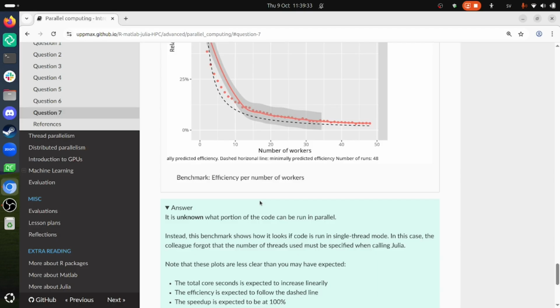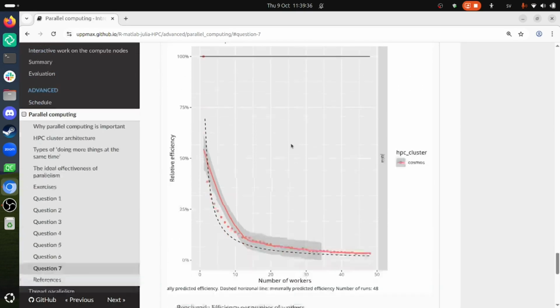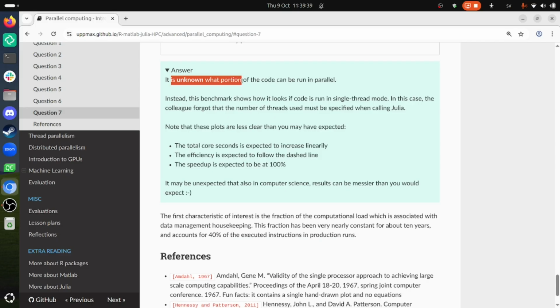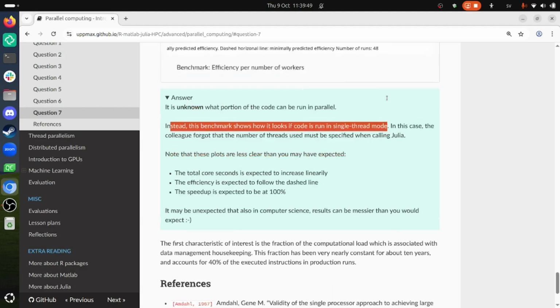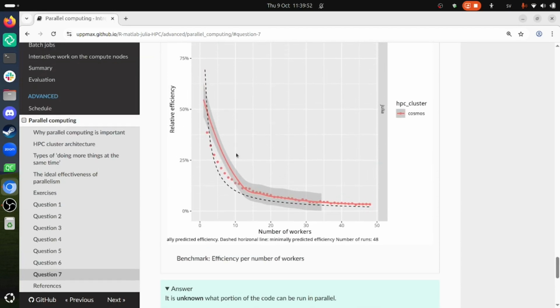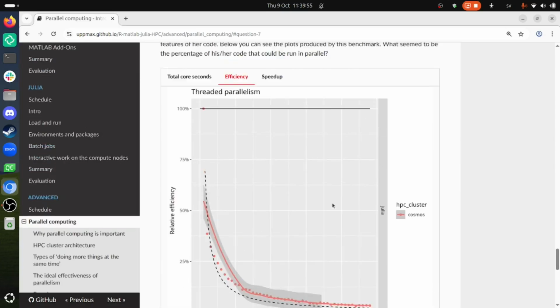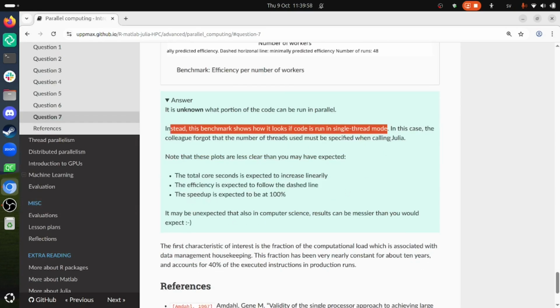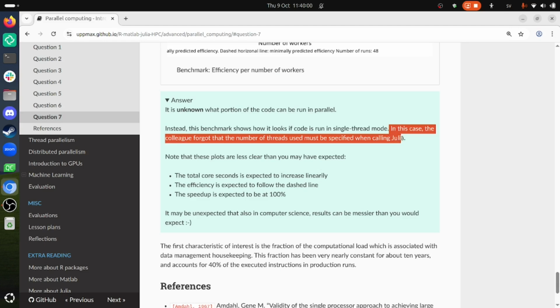For this code, it is unknown what portion of the code can be run in parallel. Instead, this benchmark shows how it looks if code is run in single threaded mode. So the code could theoretically be run in parallel, but it's not. This is, for example, a case that happened to me in Julia. In Julia, you need to specify the number of threads, the number of cores that you have available, when calling Julia.